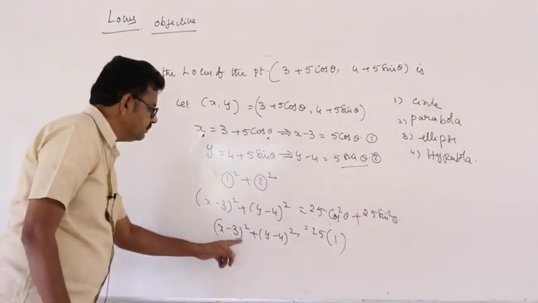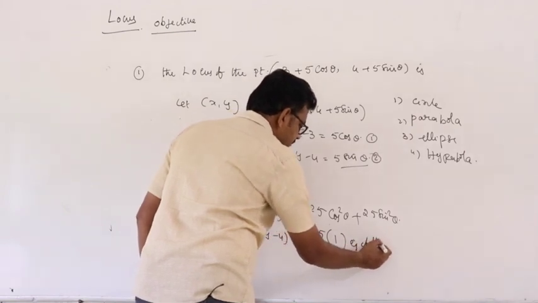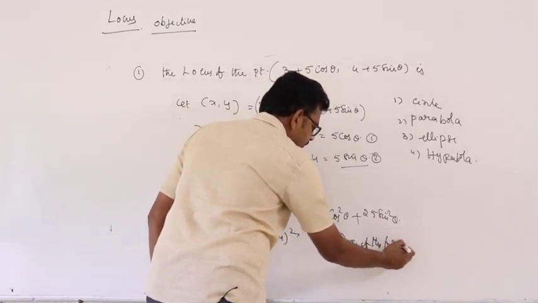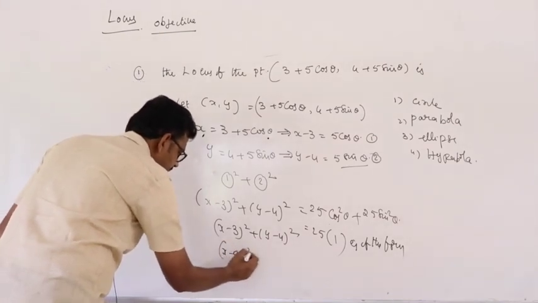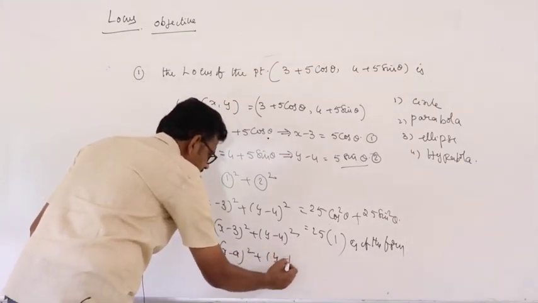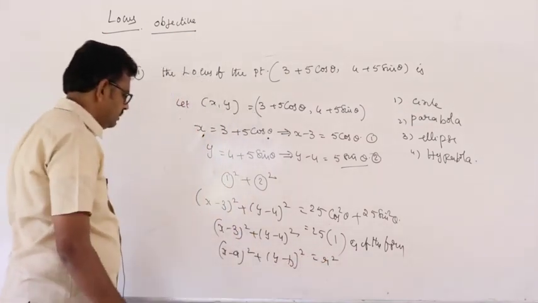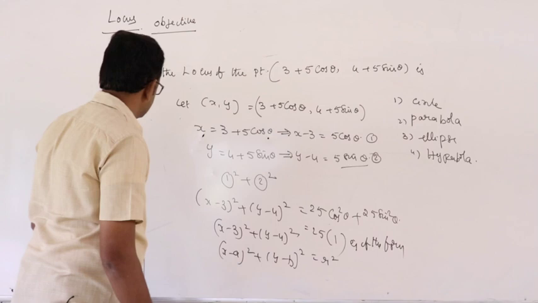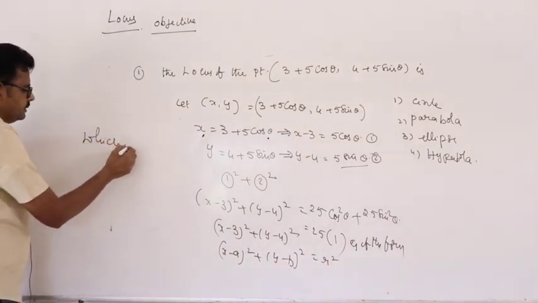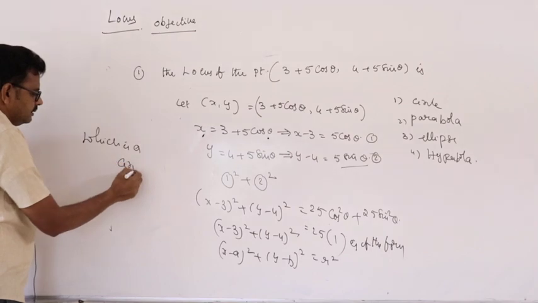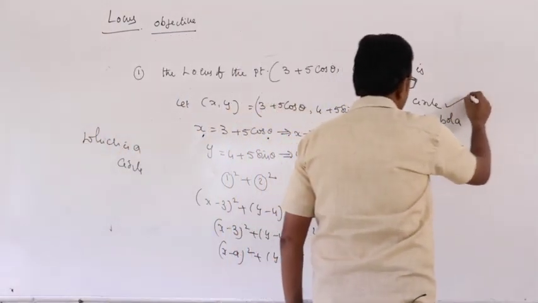This is of the form (x − a)² + (y − b)² = r², which is a circle. The locus of the point is a circle.